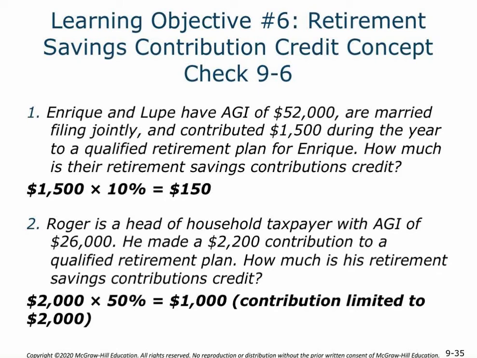Concept check 2. Roger is head of household with AGI of $26,000 and made $2,200 in contributions. How much is the credit here? We're going to take $2,000, the maximum amount that you can be considered to contribute, times 50%, which is the percentage for that AGI, to get $1,000.